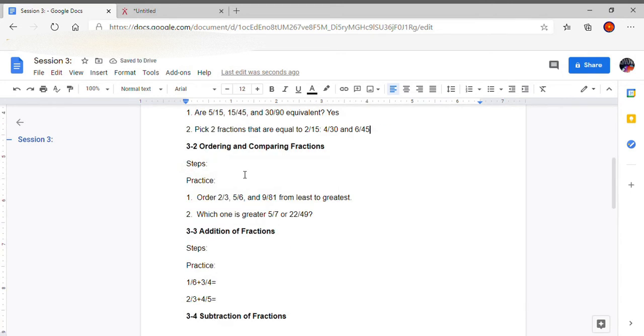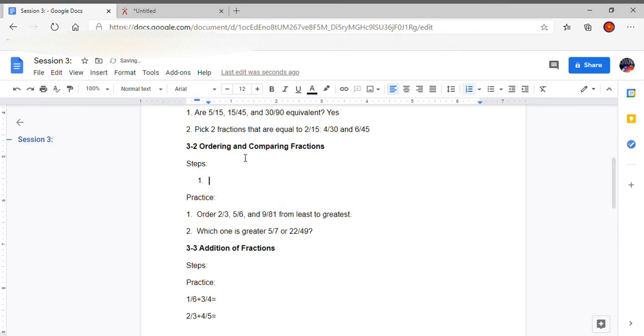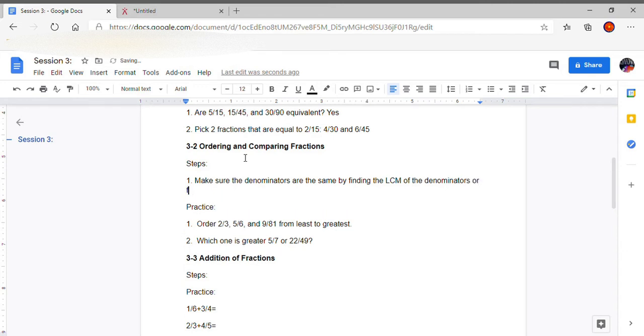Now 3-2, ordering and comparing fractions. Steps. Number 1. Make sure the denominators are the same by finding the LCM, which is least common multiple of the denominators, or finding the greatest common factor of all the numbers in all the fractions.